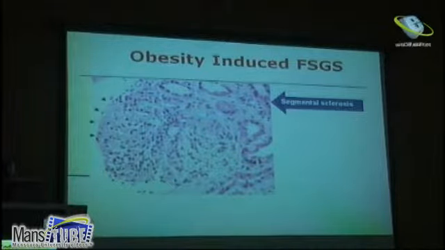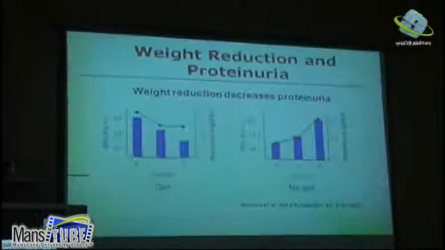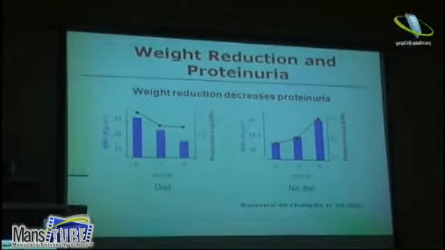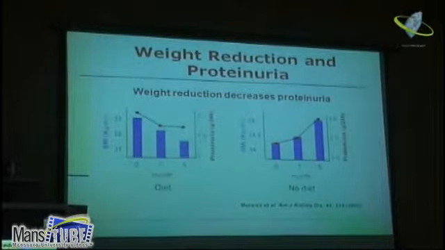This is how we can differentiate between both of them. This also shows the effect of diet and weight reduction, because the only treatment nowadays for obesity is to decrease calories, follow the regimen, and exercise to lose weight, because all the medicines for obesity are obsolete now.